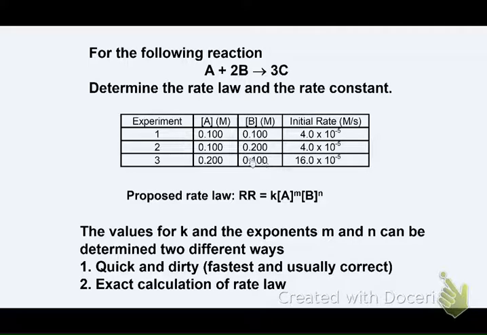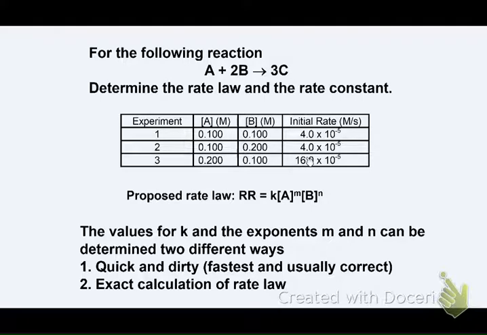B doesn't change, but A is doubled. And what happens to the rate? Quadrupled, right? 16 is 4 squared. Isn't it 4 squared? Oh, 4 times 4. Yeah, it's 4 squared. It's second order. I just went through that for fun.